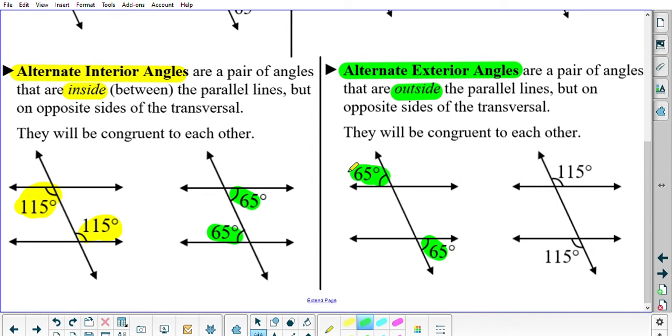The one here is on the top left, the other one's here on the bottom right. They are a pair of alternate exterior angles, and you'll notice they're congruent. The other pair would be the top right-hand corner and then the bottom left-hand corner. They are the other pair of alternate exterior angles, and you can see they're both the same measure. They're both congruent to each other.